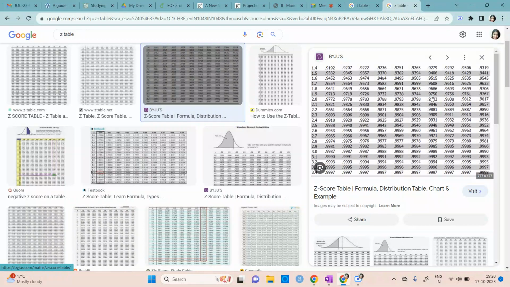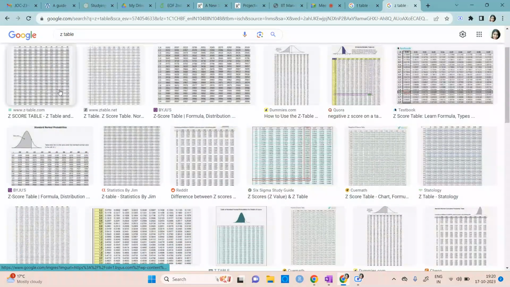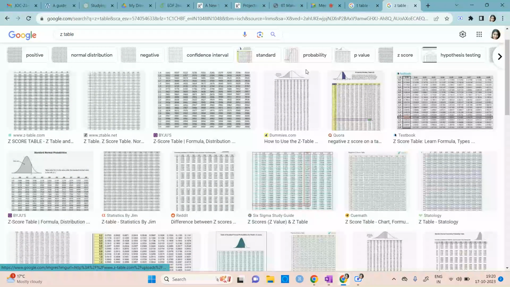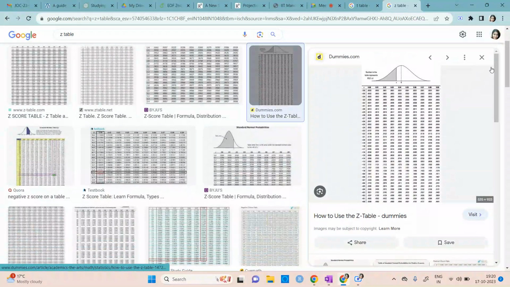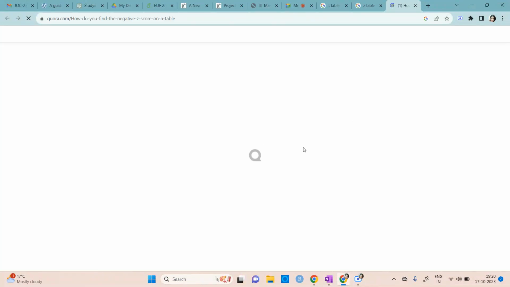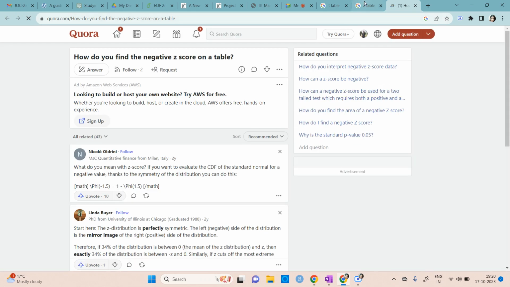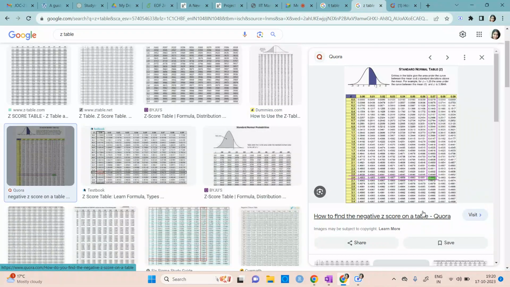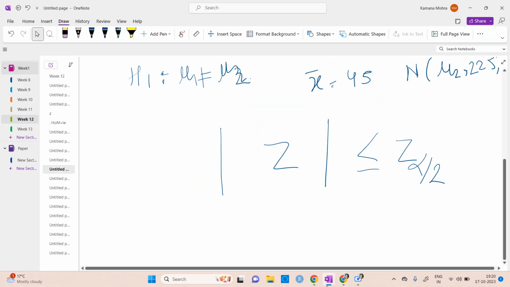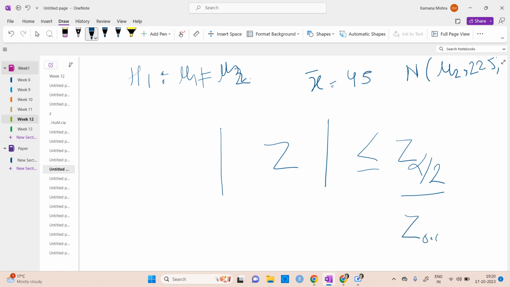Basically, when you have z alpha by 2, this area is 0.025, right?